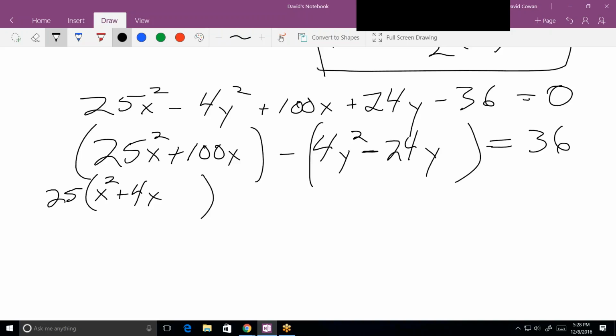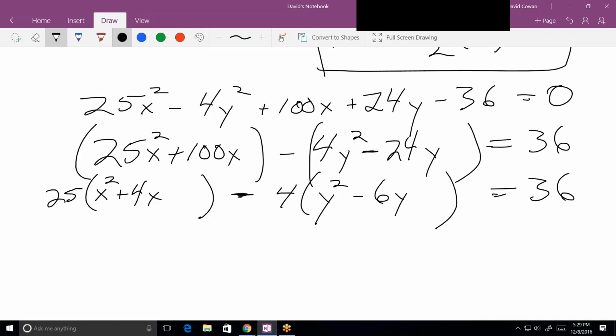I prefer to do it one step at a time rather than trying to do multiple things at once. Factoring out that coefficient, let's only do that in this step. And then you'd factor out again, and it would be 4 parentheses y squared minus 6y equals 36.